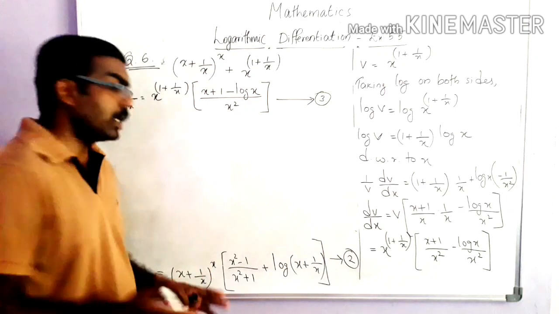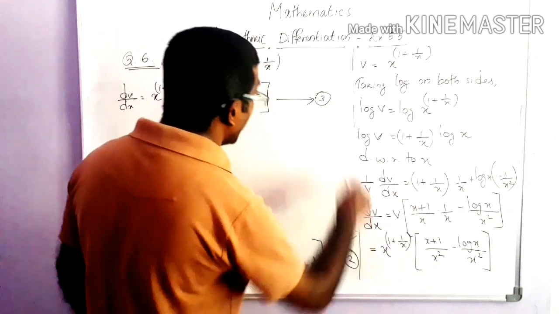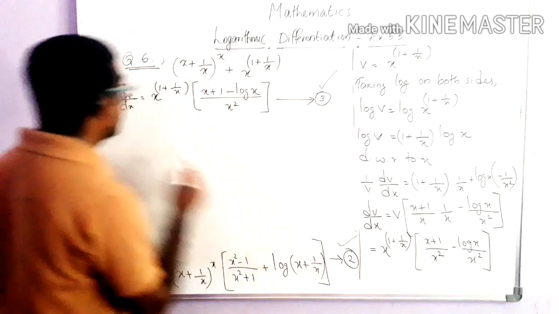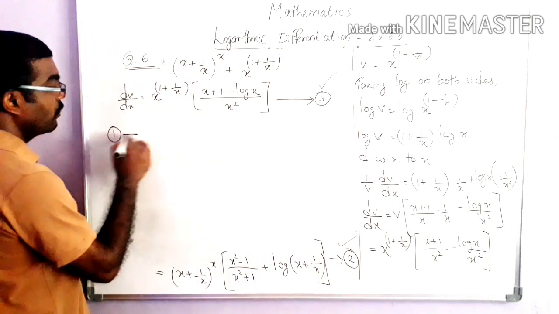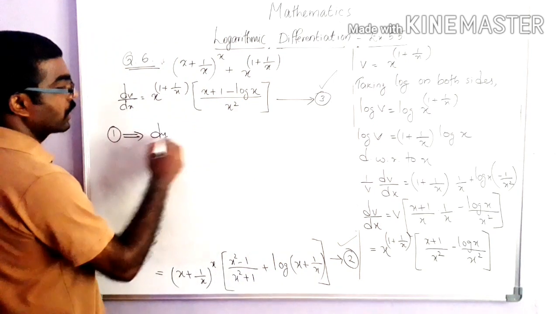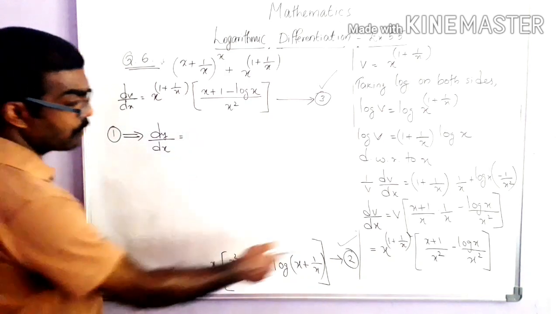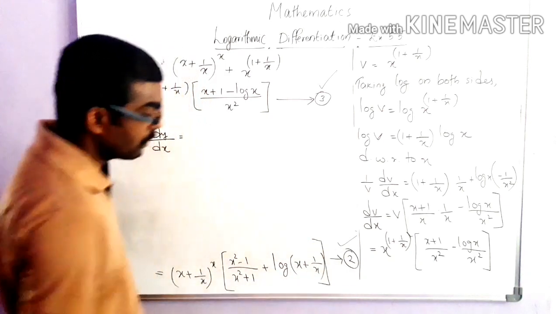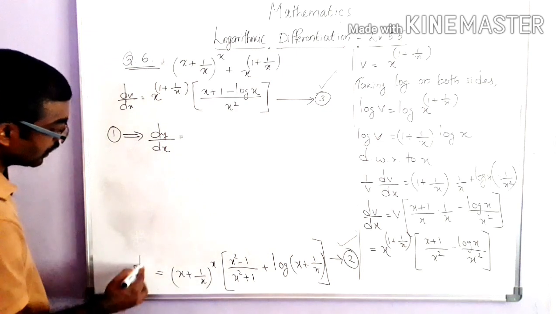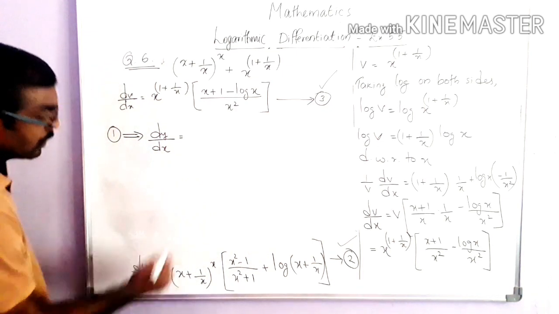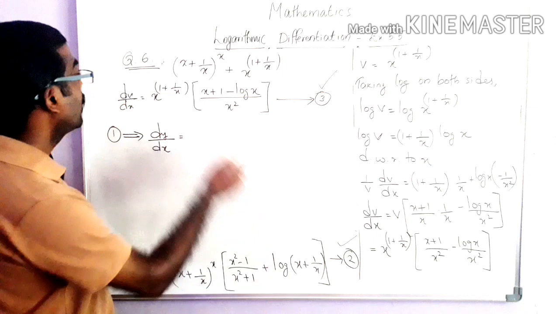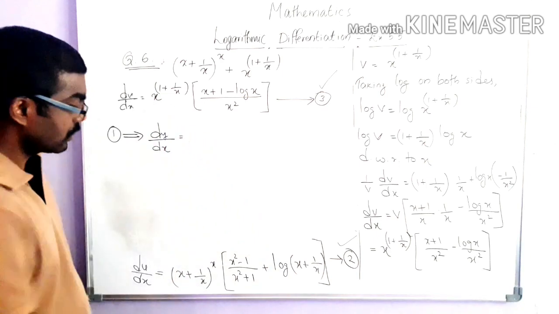Now we can replace the values we got in equation 2 and 3 in equation number 1. So equation 1 implies dy by dx is equal to this du by dx, that we have got in the second equation, plus what? dv by dx.